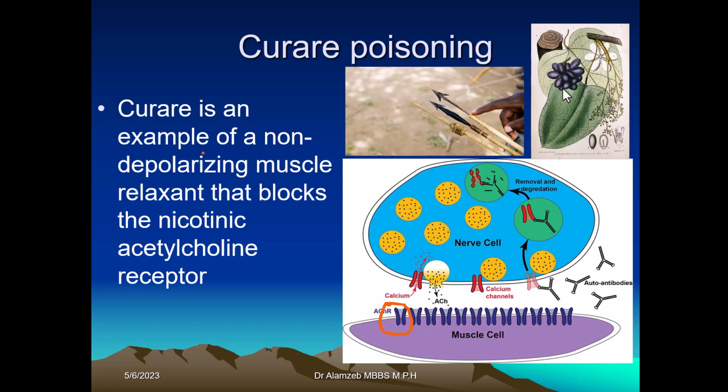Curare is obtained from a plant. This poison is obtained by boiling and heating the seeds of the curare plant.